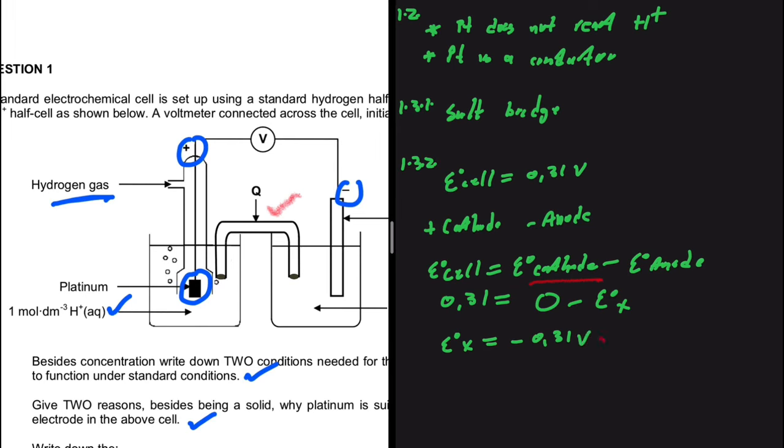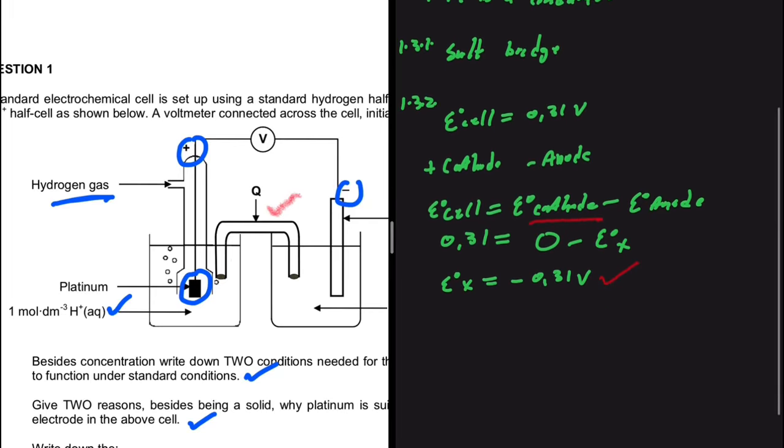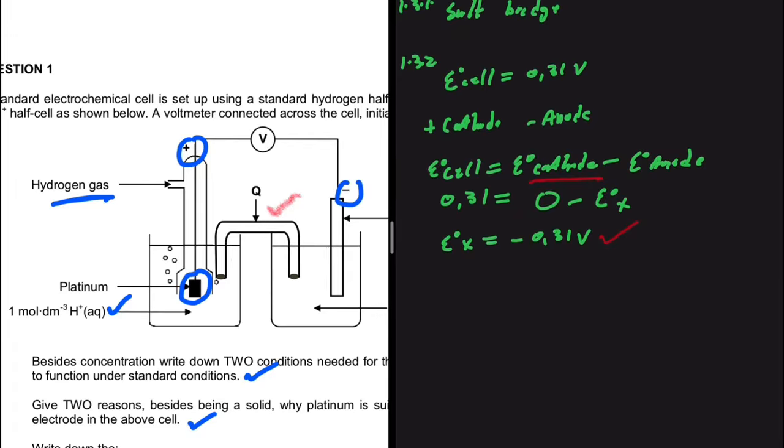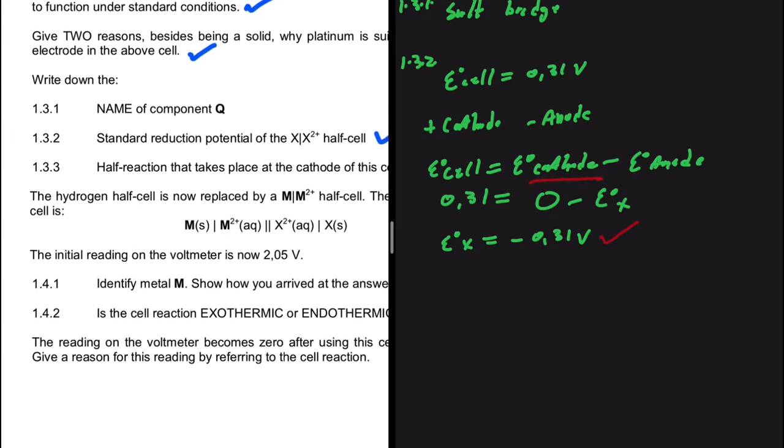So this is the answer. It is for 1 mark because it is easy to see without doing any calculation. But if you are not familiar with galvanic cells and the EMF of a cell, this is how we get to the answer.